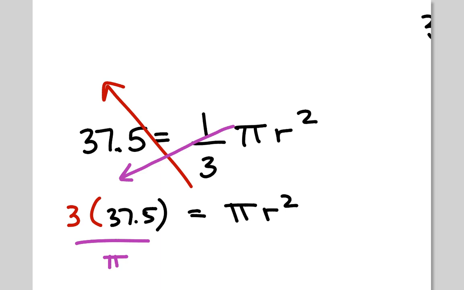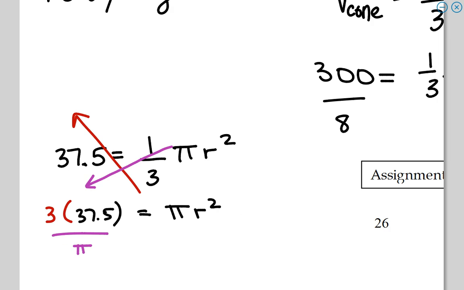And you must divide by the pi button. I got 35.8 equals r squared. And then you got to finish this off. We've talked about this a few times, so finish it off. How do you get rid of this? Square root. Okay, so I got about 5.98.